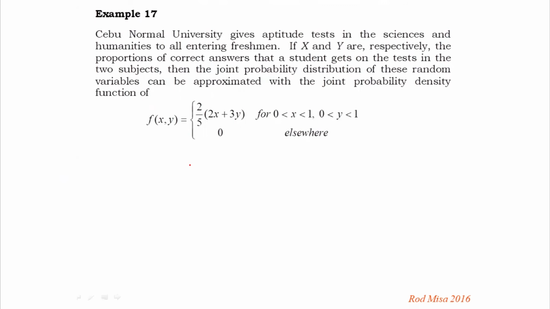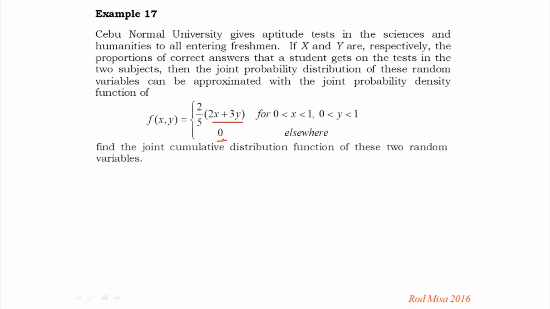If the random variables x and y are respectively the proportion of correct answers that a student gets on the test in the two subjects, the sciences and the humanities, then the joint probability distribution of these random variables can be approximated with a joint probability density function of 2/5 times the quantity 2x plus 3y for all x from 0 to 1 and for all y from 0 to 1 also, and a probability of 0 elsewhere from the domain stated above. Then find the cumulative distribution function of these two random variables.